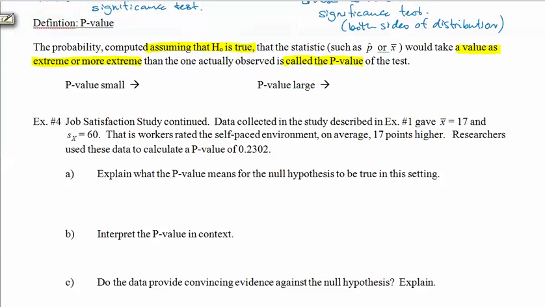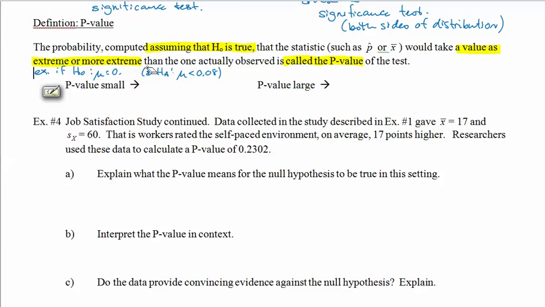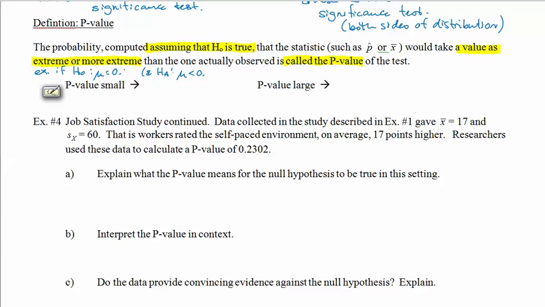So, for example, if H0 is that mu equals 0.8, and HA is that mu is less than 0.8. Sorry, I meant to say 0.8 for each of these.